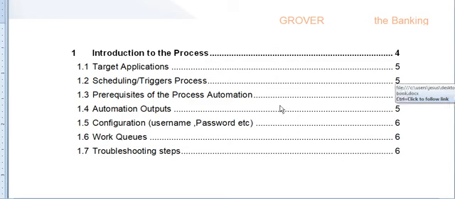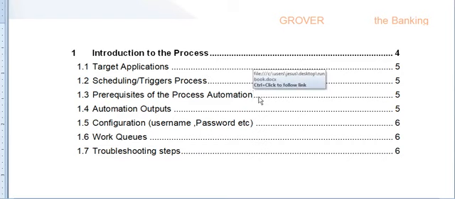And what is the prerequisite of the automation? Before you start your automation, what is the prerequisite? Installation of each EXE and DLLs, and your target applications, and your target application must be in running position, and you have to configure your user ID and password into your Blue Prism application, and if it is some SSN number or account number, whatever, you have to configure it, and user alert.